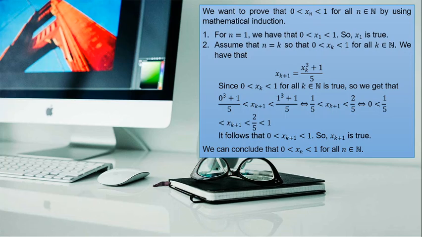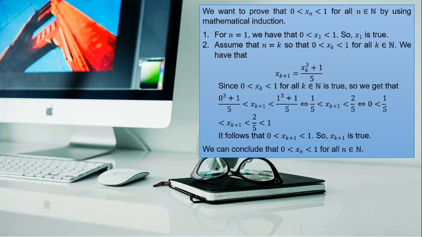We get (0^3 + 1)/5 is 1/5, and (1^3 + 1)/5 equals 2/5. So we get that 1/5 < x_{k+1} < 2/5.